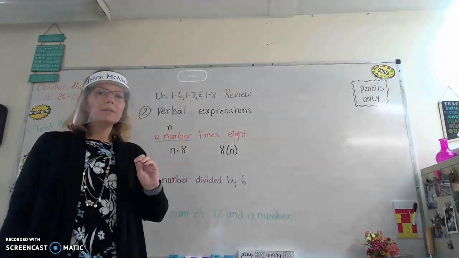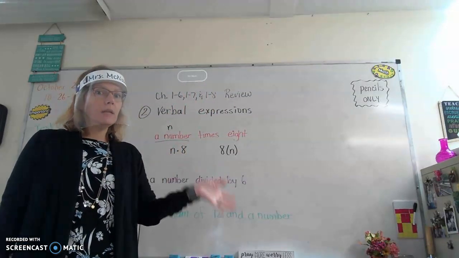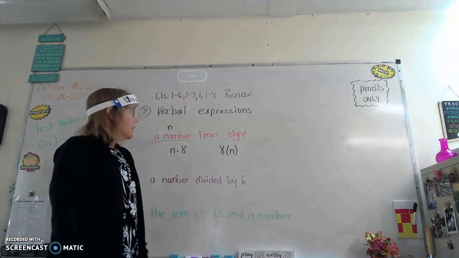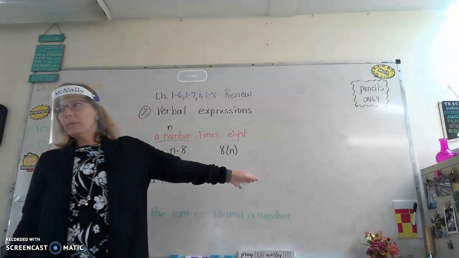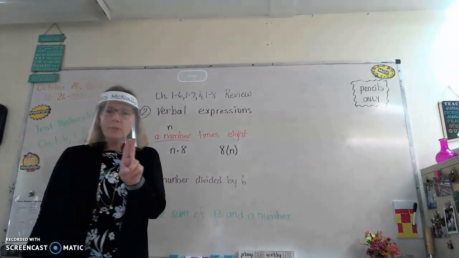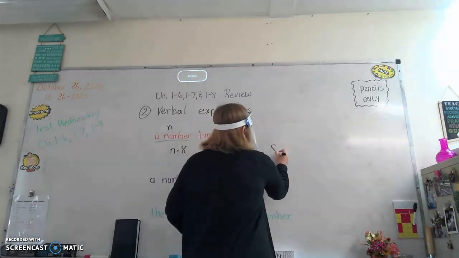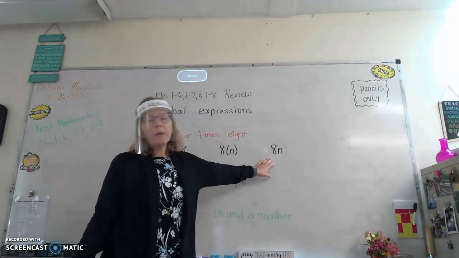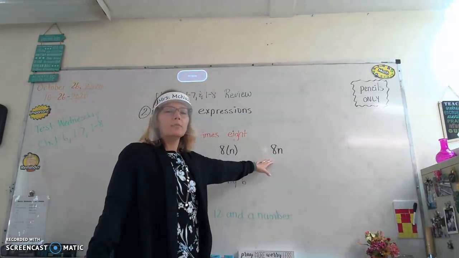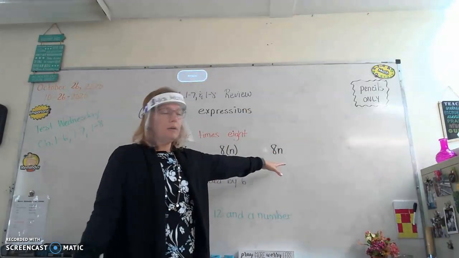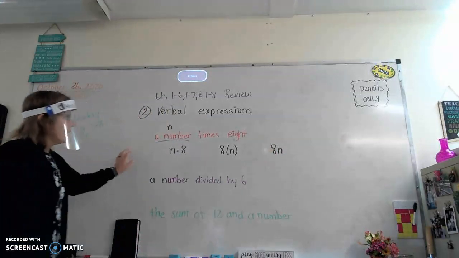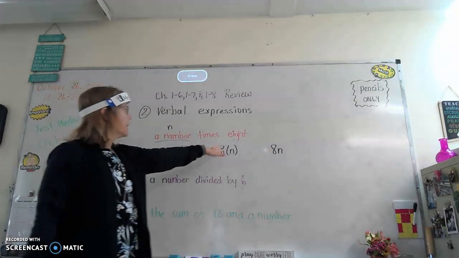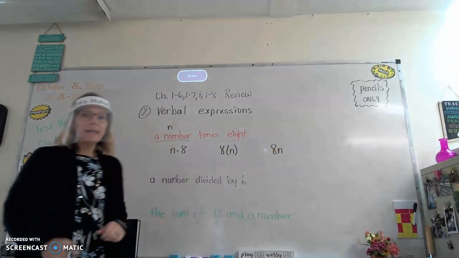So you can write this N times 8 or 8 times N, and they're both correct. And the last way that we can write multiplication is just by putting them next to each other. So we could just write 8N. Now when you do it this way, the order kind of does matter. You have to write the number first and then the variable. So that's my 3 ways of showing a number times 8.